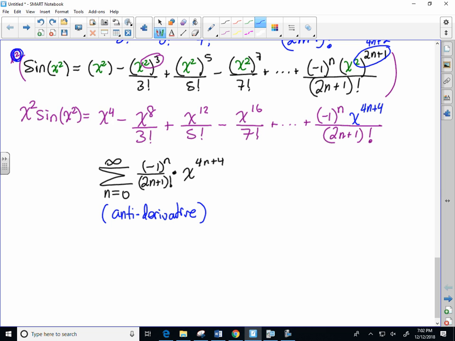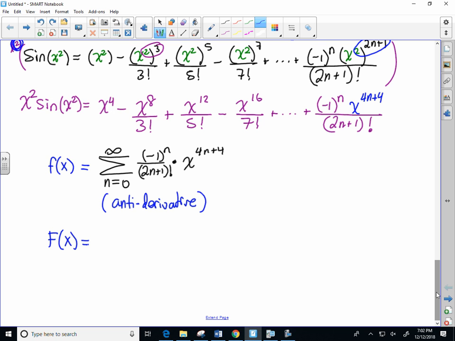So this is my f of x. What I want is F of x as a capital. That's the notation for the antiderivative of your lowercase function f of x. Because the last thing I think you want to do is slap an integral symbol around this thing and try to make sense of it. So I'm going to increase my exponent by 1. New summation based off of the old summation.